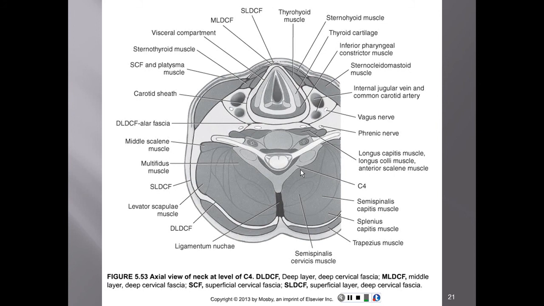So you should be able to identify the carotid sheath in this picture, and you may not be able to identify the vagus nerve, but if you know that the vagus nerve resides in the carotid sheath, then all you need to find is the carotid artery and jugular vein, and you can be certain that the vagus nerve, cranial nerve number 10, is right in the region.